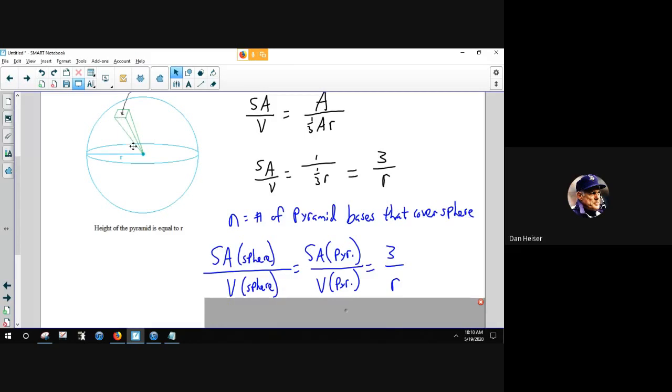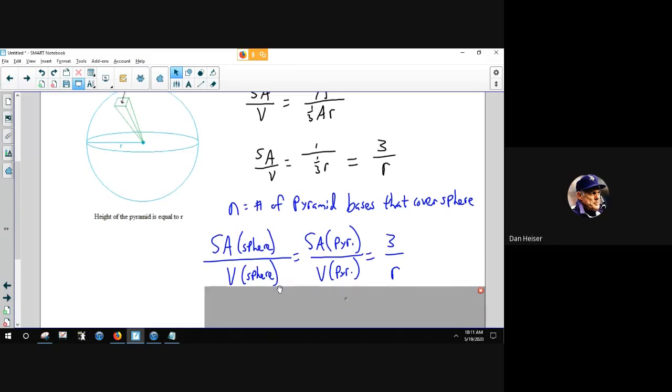And all those little shapes' volumes, the more and more of them I make, will eventually fill the inside of the sphere. So the smaller I make these, the more this gets to actually being equal. I should have made this approximately because, again, these cannot be straight. But if I make them really, really small, infinitesimally small, then the smaller I make them, the closer this gets to equal.